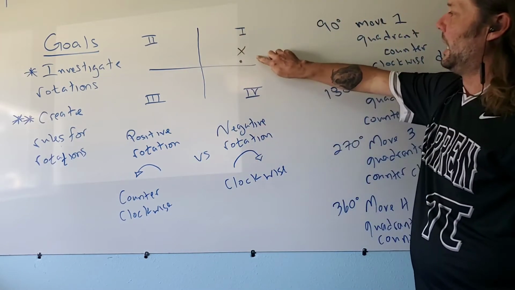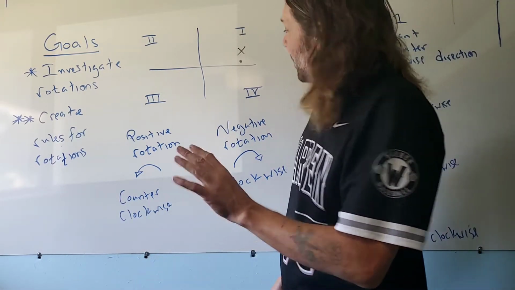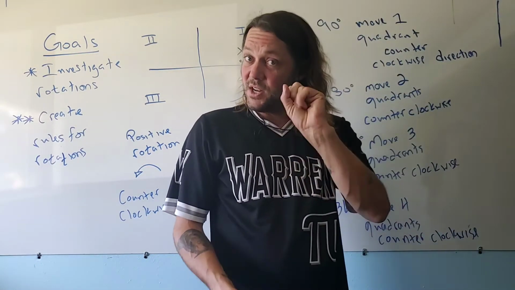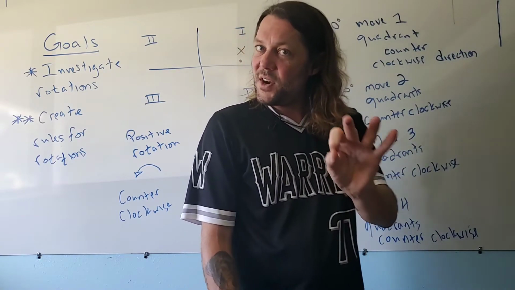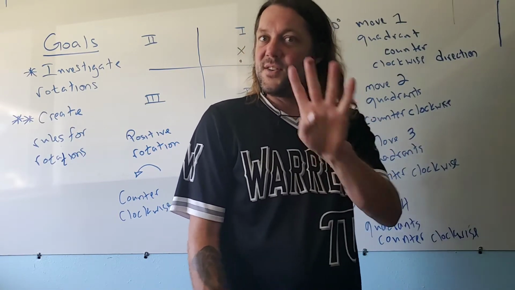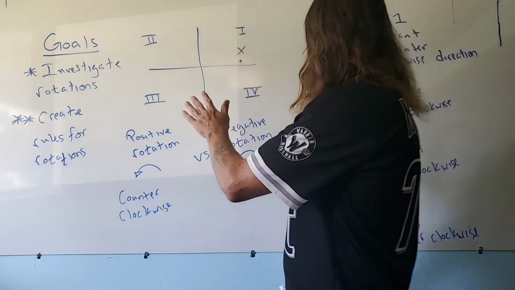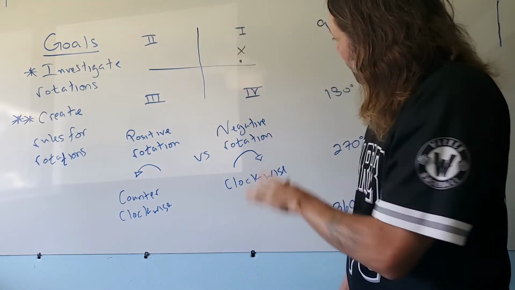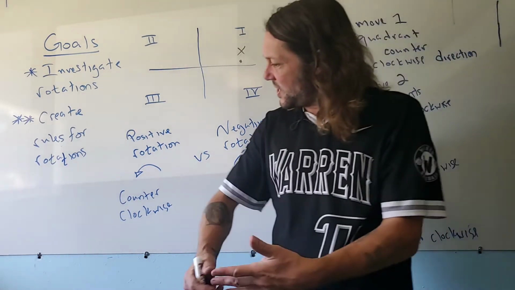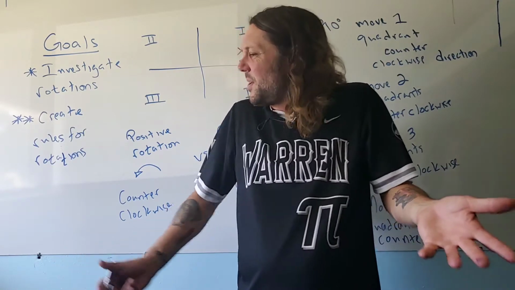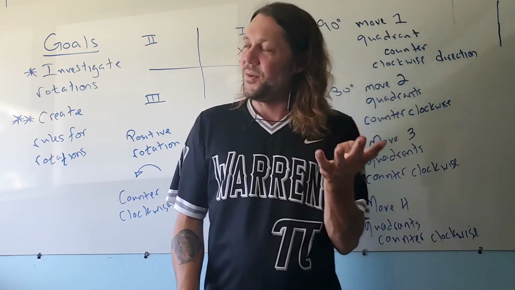Okay. So if I want to rotate X, we're only going to do 4 rotations: a 90 degree, a 180 degree, a 270 degree, and a 360 degree. So there's 4 angle rotations that we're going to deal with. Now they can go in the positive direction or they can go in the negative direction, and we'll start to see how these all really combine. So in actuality, there's only 4 rotations that you need to know.